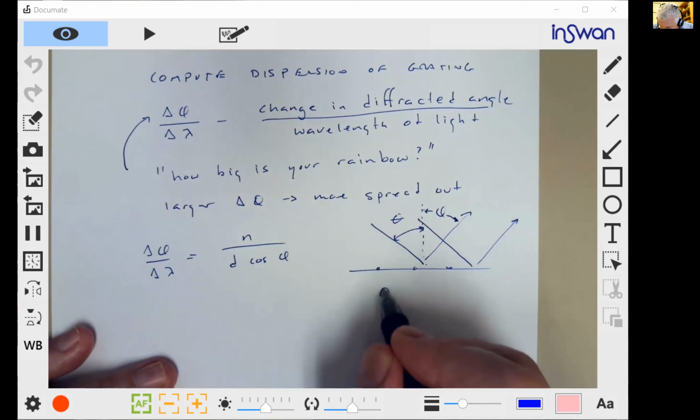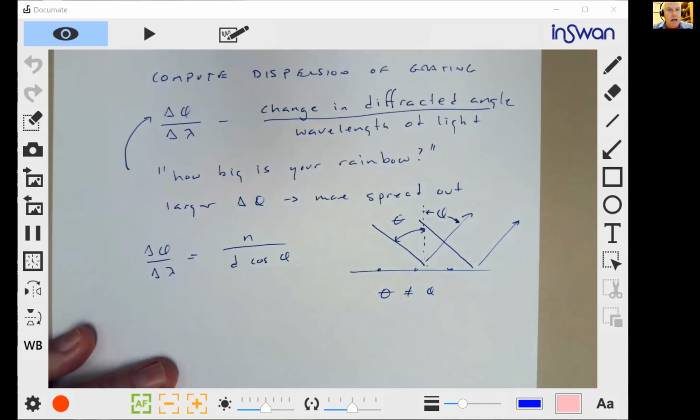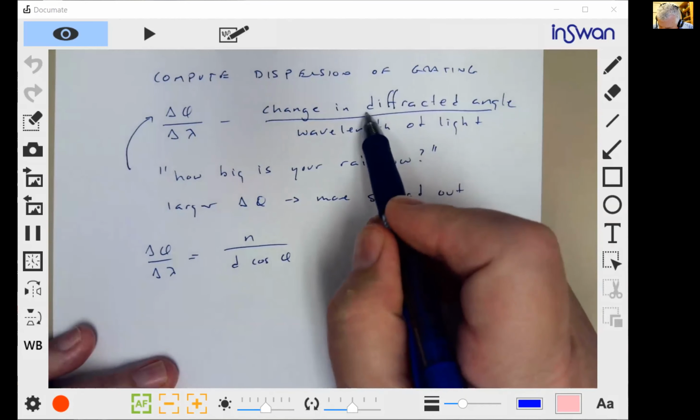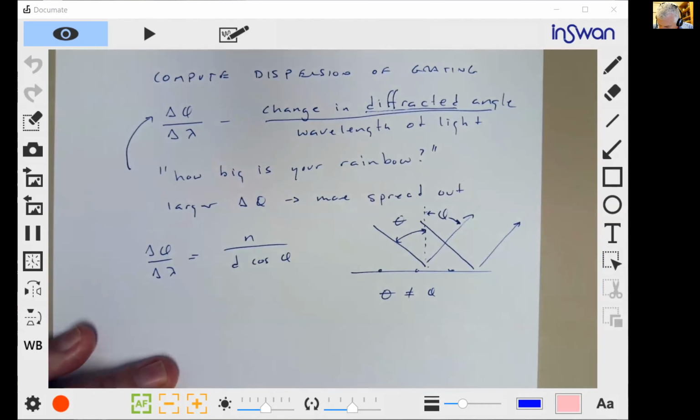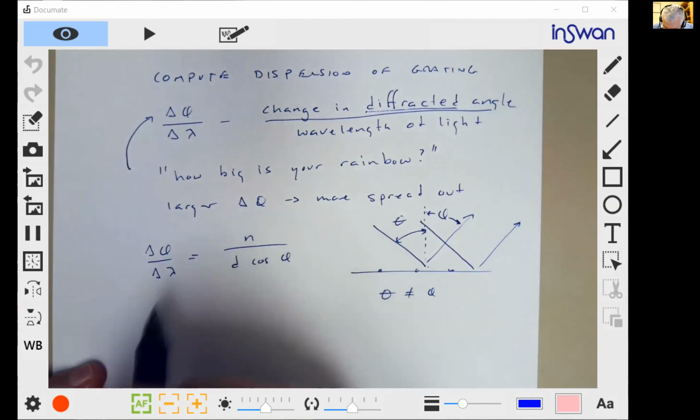And in general, theta is not equal to phi, because it's not really straight reflection, it's actually diffraction. The key to this one is to interpret the question.